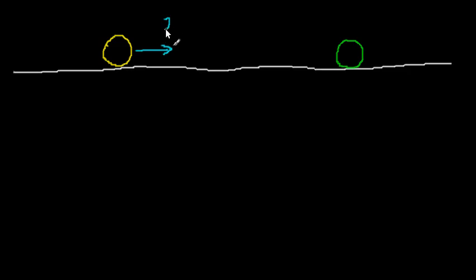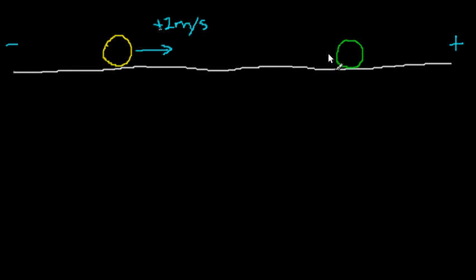So maybe 2 meters per second. I'm going to be very clear that this is a velocity right from the start. So I'm going to choose my right hand side to be plus. The left hand side would be minus direction. So the velocity is therefore plus 2 meters per second.